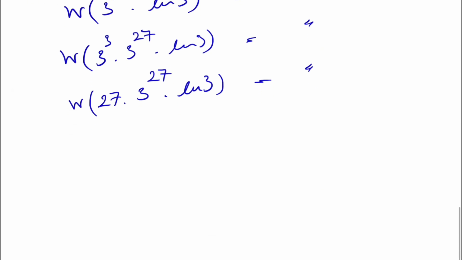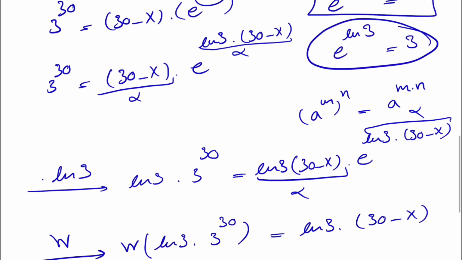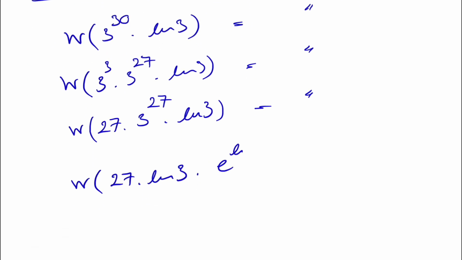Again, no changes on the right side, and here we're going to use 27 times ln of 3, and instead of 3 to 27 we're going to do what we used previously in here. So instead of 3 we're just going to put e to the power of ln of 3, which will be to the power of 27, and no changes on the right side.